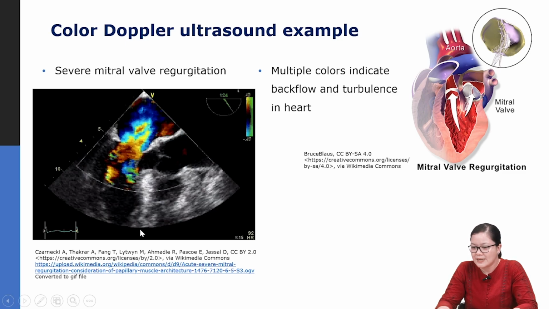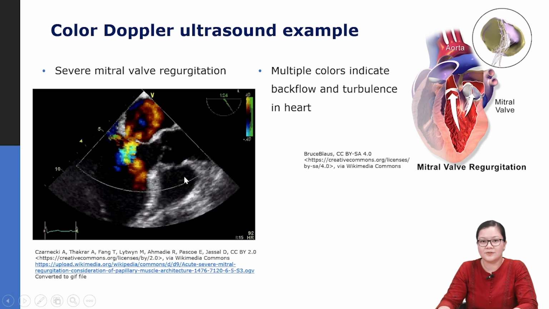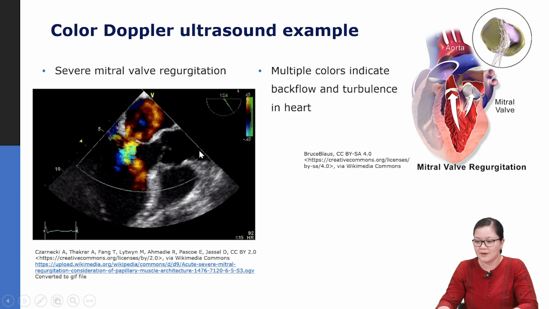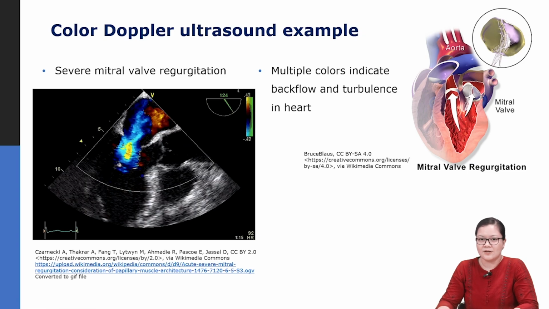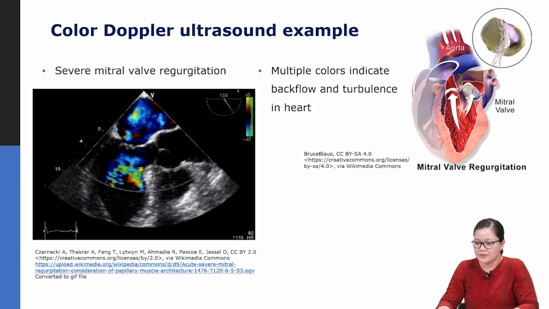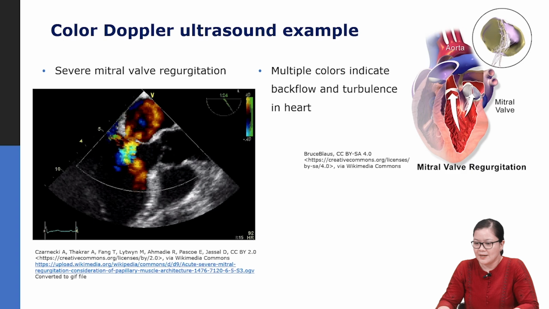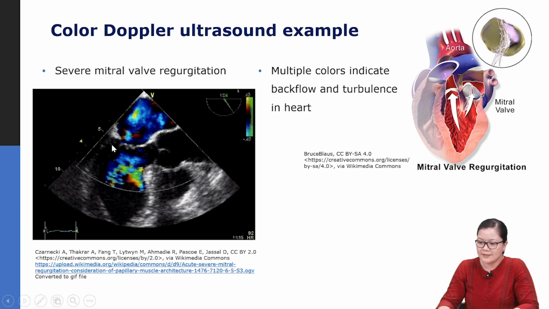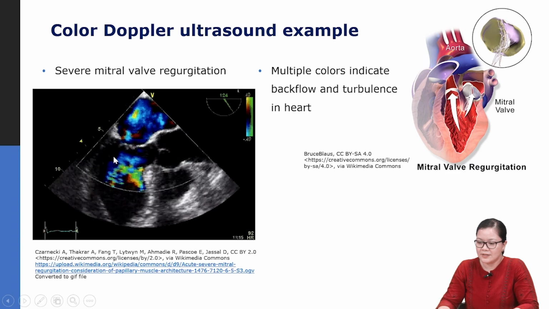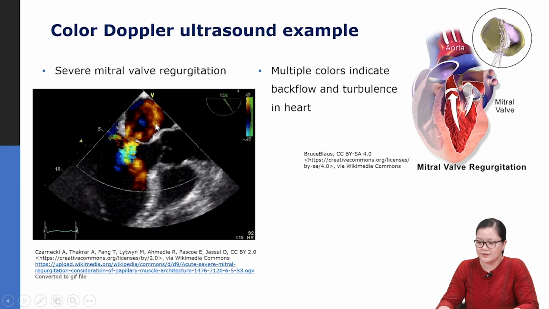So here is just an example of a heart ultrasound, or echocardiography. We might have talked about this term earlier. Echocardiography is a common ultrasound procedure for imaging the heart. What you're seeing here are the heart chambers: one of them is the atria, and the other is the ventricles right here.